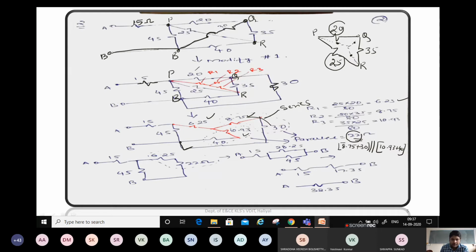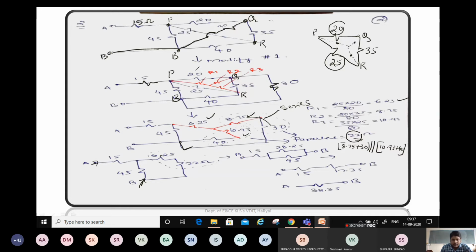So once you place 22 ohms here, then what you get is 6.25 in series with 22 ohms. Since we are calculating with respect to points A and B, you cannot say 6.25 and 22 and 45 are in series.